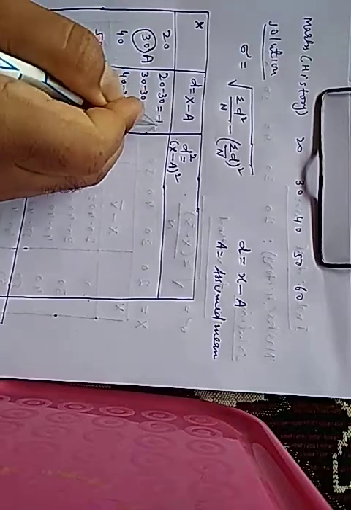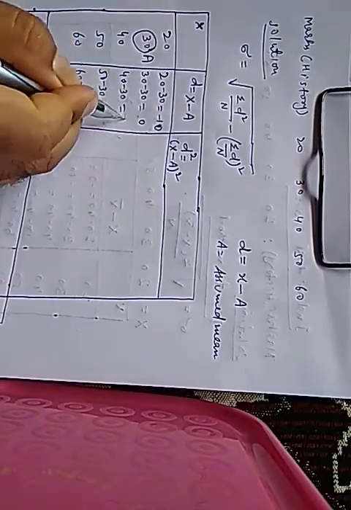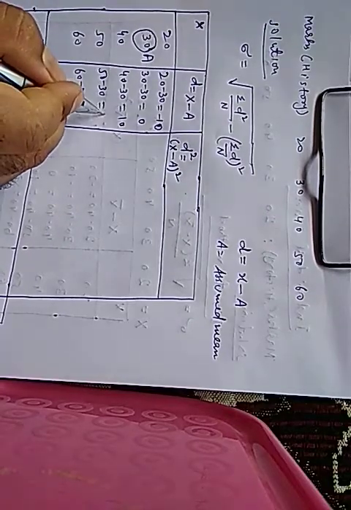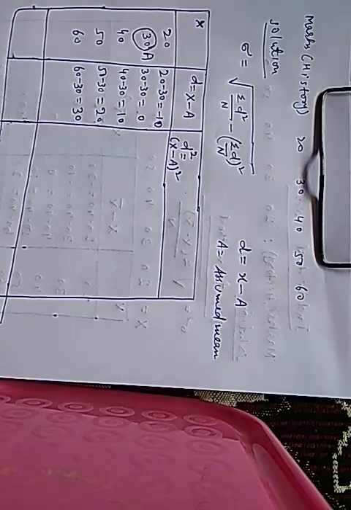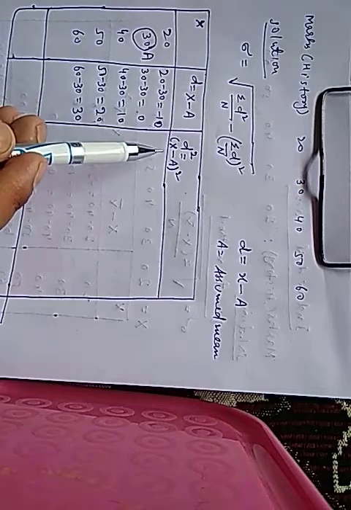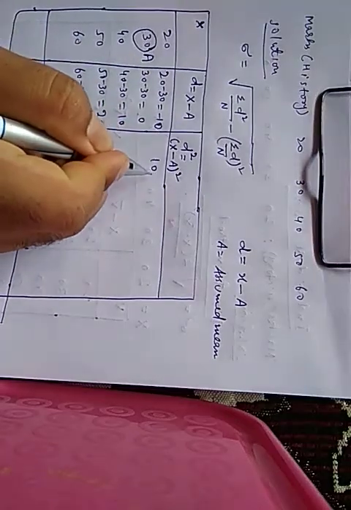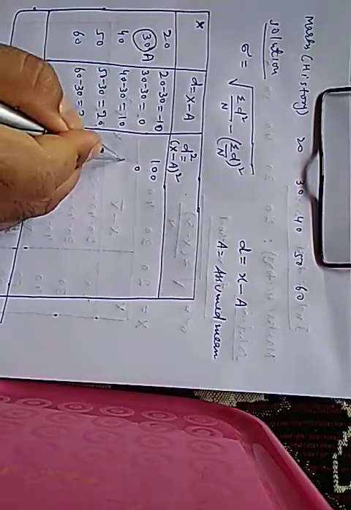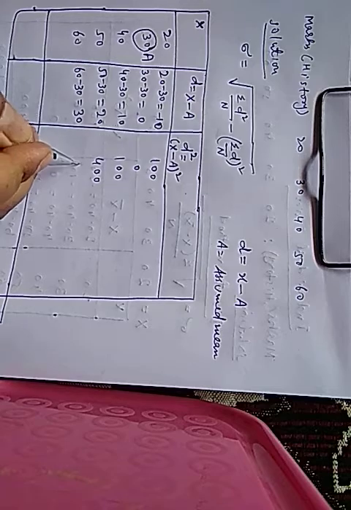It will be equal to minus 10, 0, 10, 20, 30, and its square will be 100, 0, 100, 400 and 900.